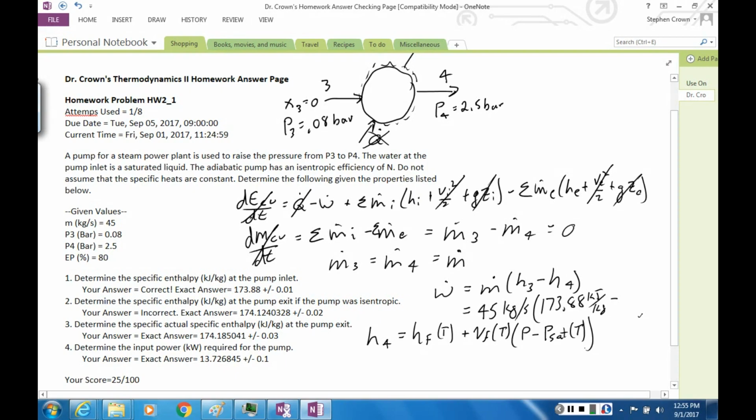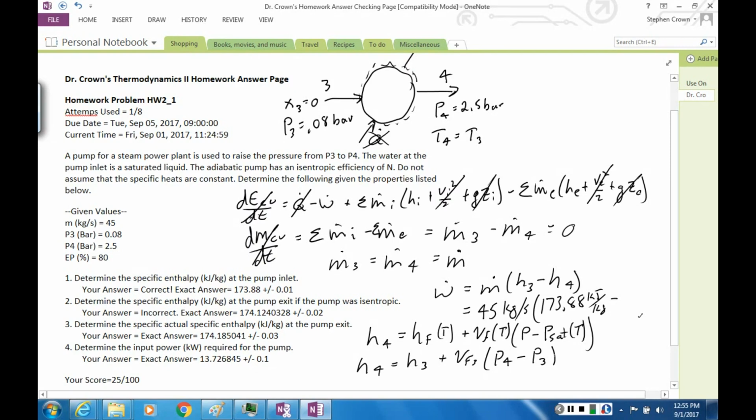For this case, the temperature in the pump doesn't change, so T3 is going to equal T4. So we'll evaluate that at state 3, which means that h4 equals h f at state 3, which is h3, plus v f at state 3 times P4 minus the saturation pressure at state 3, which is P3.